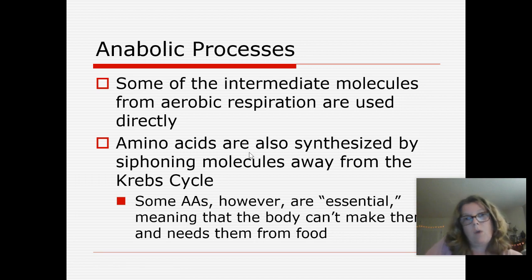It builds on the processes that already exist, right? So over time, metabolism has evolved to be able to use some of the stuff we're producing through cellular respiration anyway and create other stuff with it. So you can actually siphon off molecules from the Krebs cycle to make amino acids that you need, right?